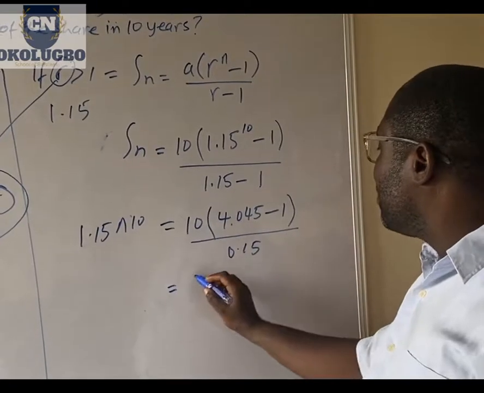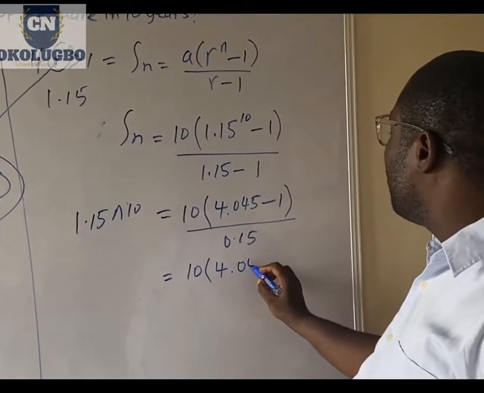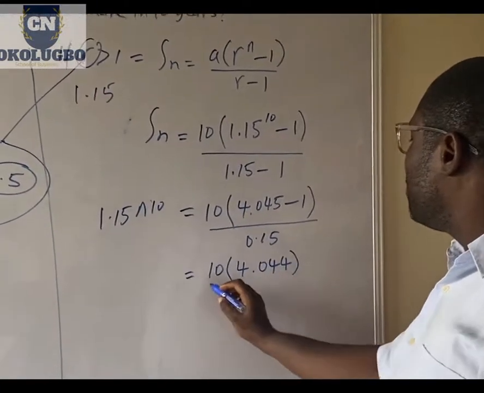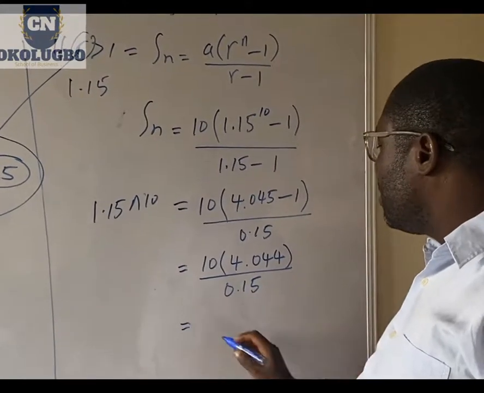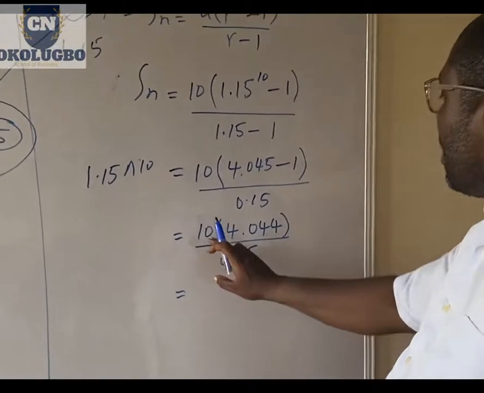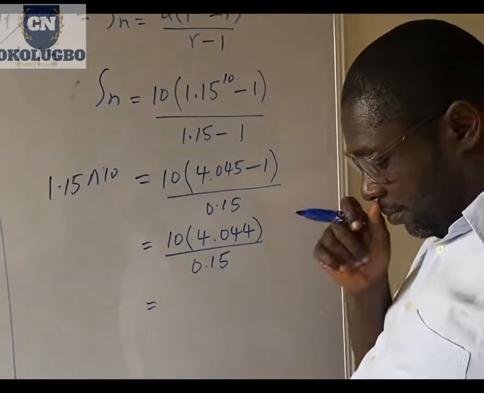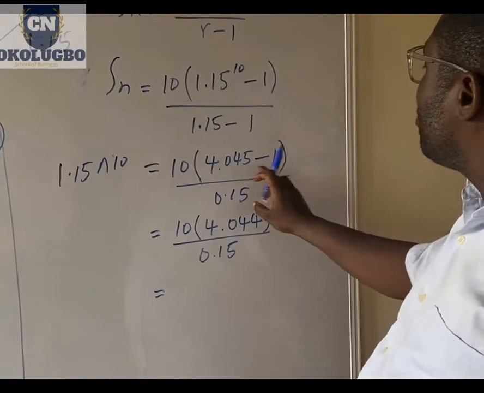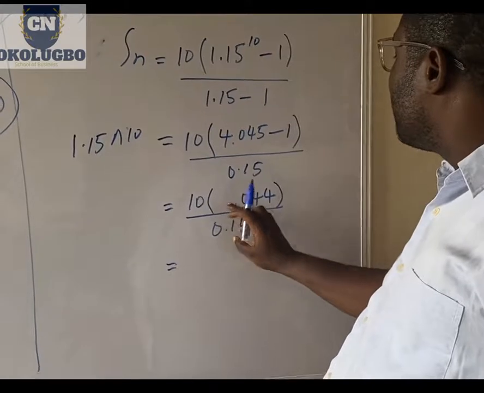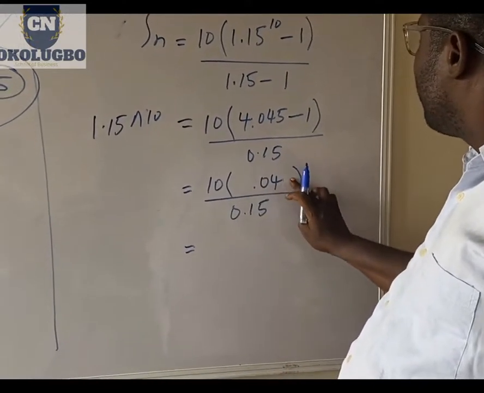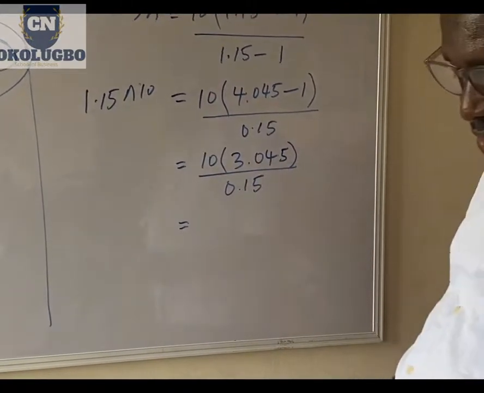This minus this will give us 10 into 4.045 minus 1, which is 3.045, close the bracket, divided by 0.15. Beg your pardon, this is 3.045.